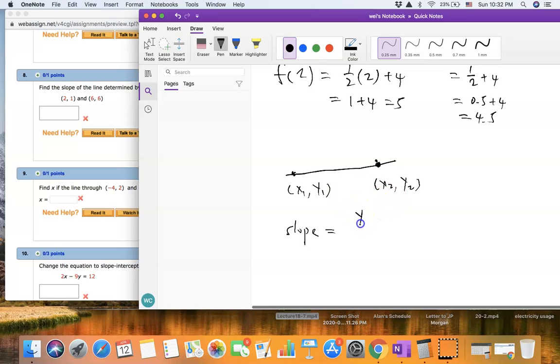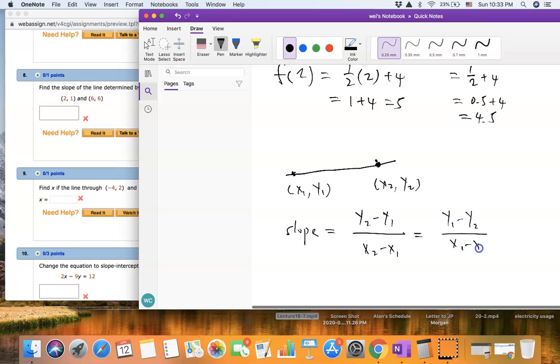The formula is equal to the difference of the y coordinates of the 2 points over the difference of the x coordinates of the 2 points.